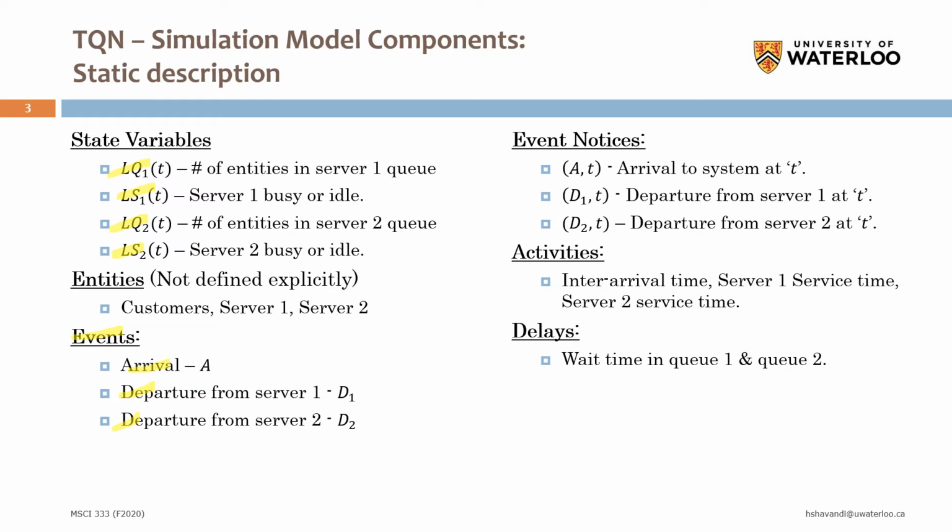For the events, same as before, nothing new here. For activities, we have 3 activities here: interarrival time, server 1 service time, and server 2 service time. And for the delays, we have 2 wait times in Q1 and Q2, and that's it.